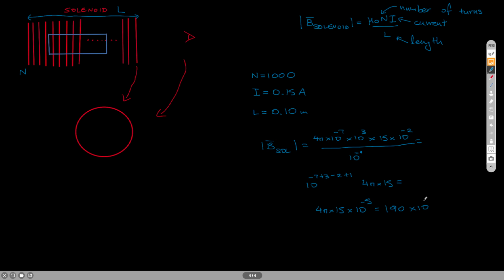I get 190 times 10 to minus 5 Tesla. So that is a simple application of finding the magnetic field of the solenoid inside the solenoid.